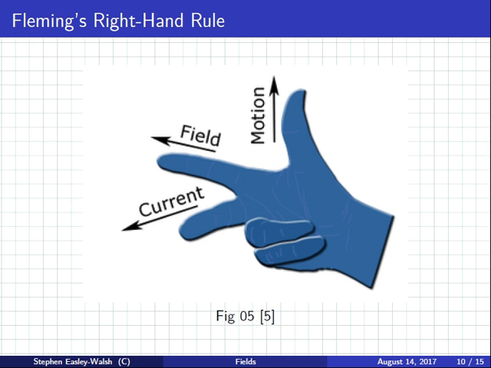Isn't it done with FBI? It is, except with the right hand. Left-hand rule was for electric motors. Left-hand rule, DC motor. Right-hand rule, AC generator. The right-hand grip rule was for the magnetic field around a current.